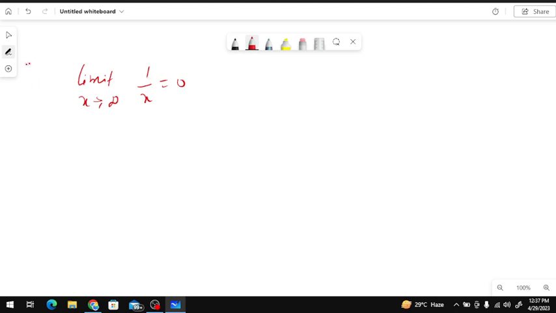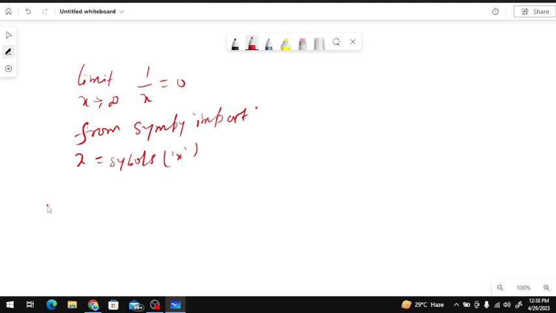First, from sympy import star, because I am importing all modules in SymPy. x equals symbols, and we represent x as the syntax.